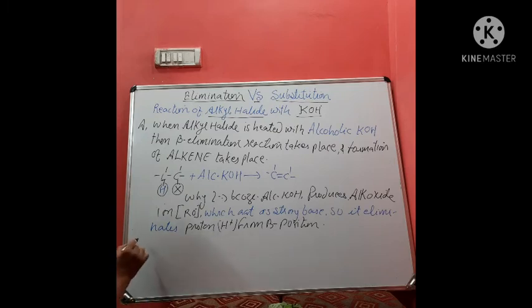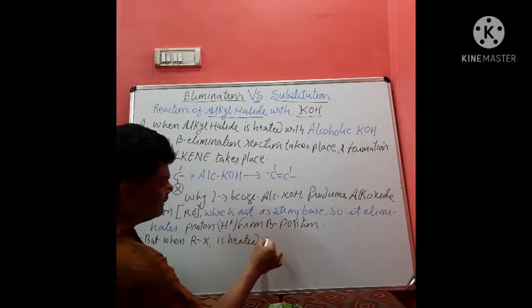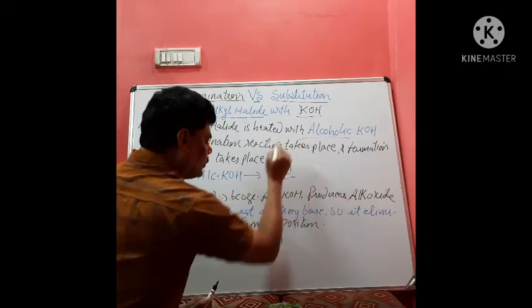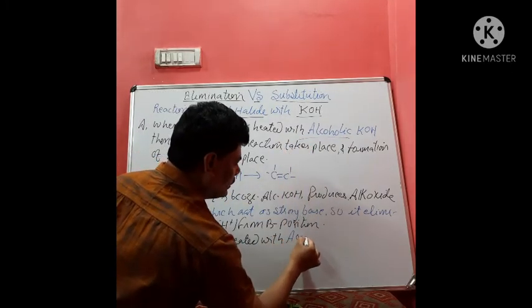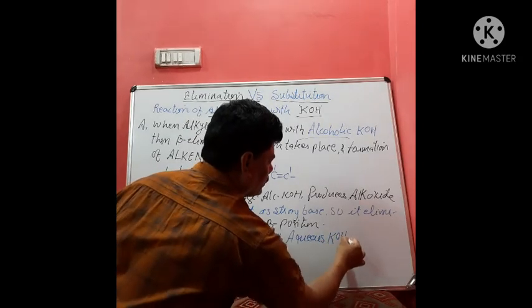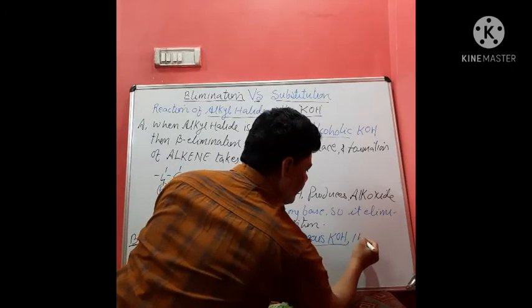Now the condition number 2. But when alkyl halide, that is say RX, is heated with, now I am changing the condition, instead of alcoholic, now I am writing aqueous KOH. What is aqueous KOH? The solution of KOH with water.